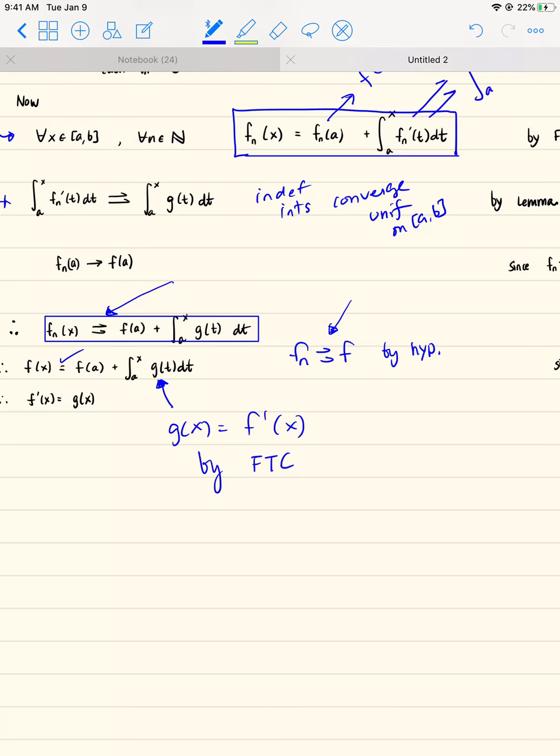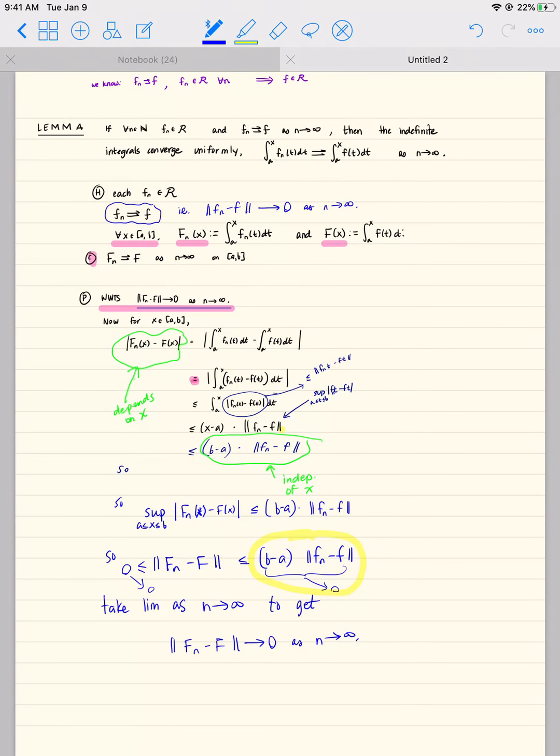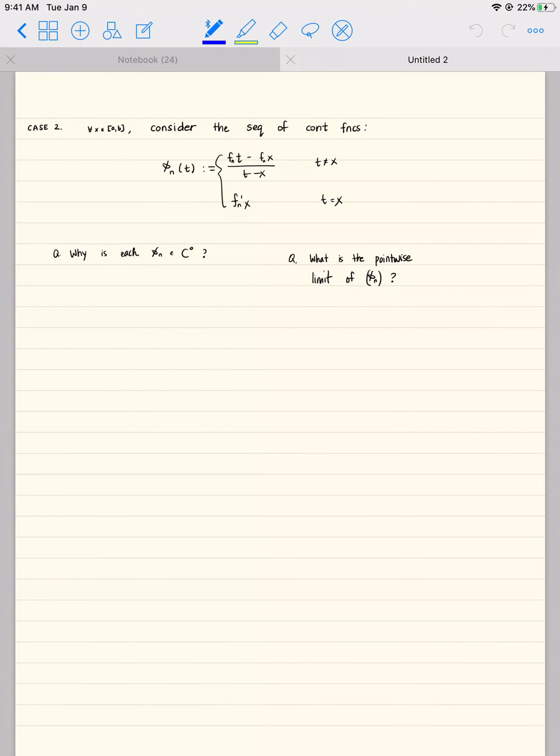It says that the indefinite integral is differentiable and its derivative is f. Okay, so case one, pretty straightforward because we have the strength of the fundamental theorem of calculus. Let's look at case two.